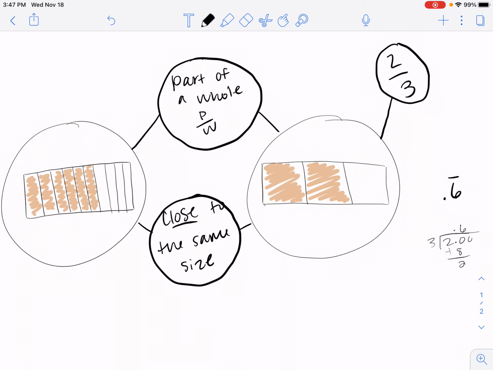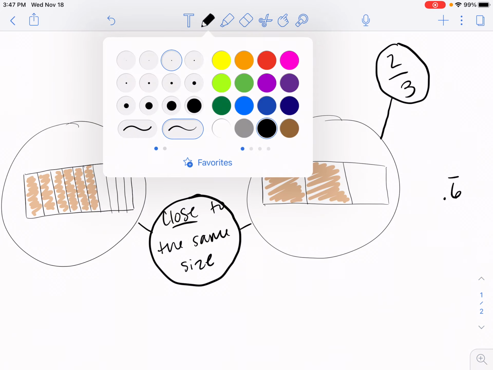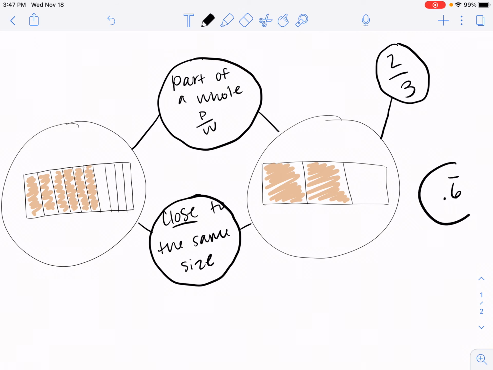Subtract, I get 2. Add a 0, bring it down. Do you see how I'm going to keep getting 20 every time? So that's how I know that it's a repeating decimal. You don't have to have that written down, I was just showing you. All right. So that is 0.6 repeating.